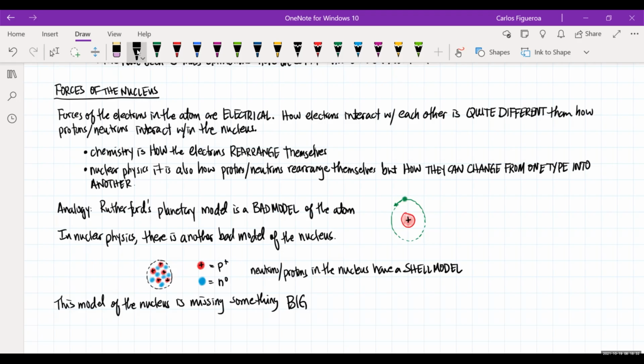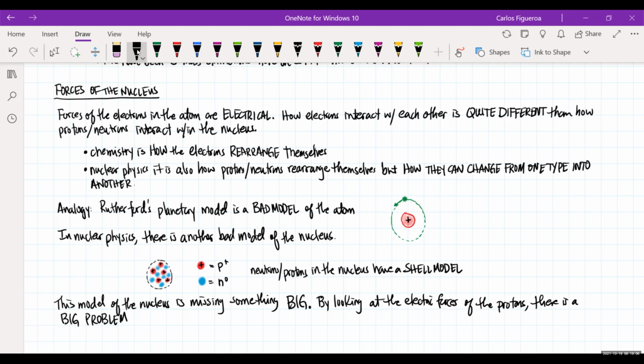And the reason why that is, just by looking at the electric forces of the proton, there is a big problem.